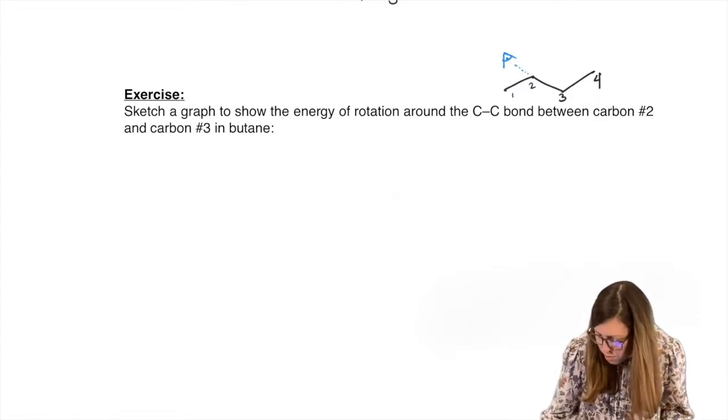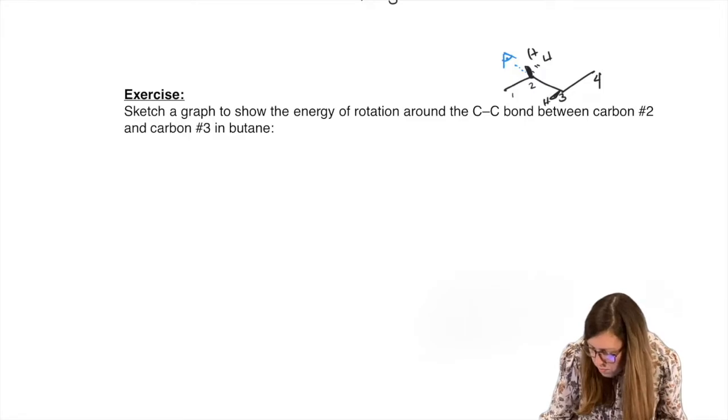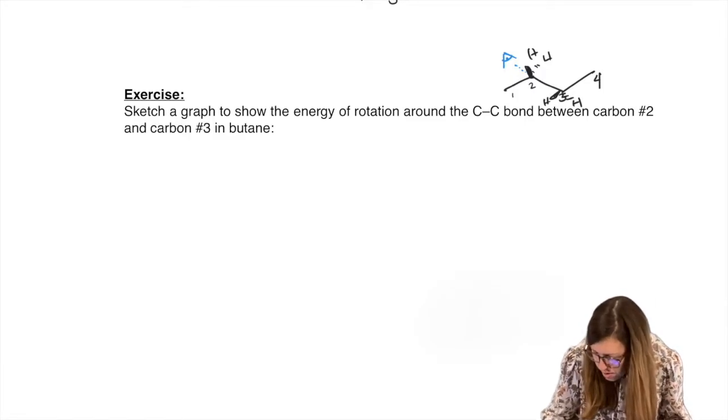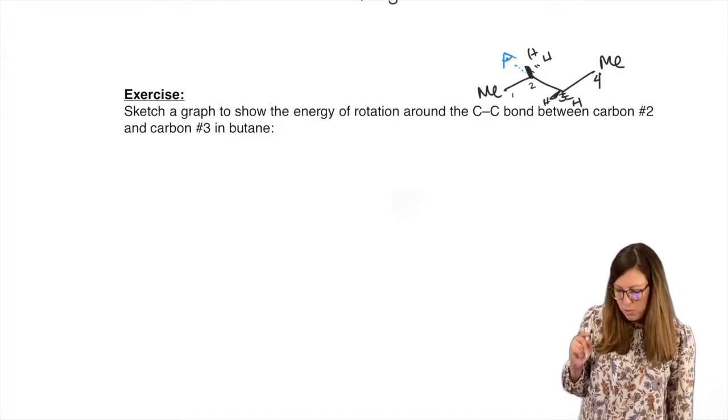Okay, so that means we're going to pay attention to the dashes and wedges with the H's. Fill those in. And notice these are methyls. I'm going to say Me to emphasize. Those are not just little lines. Those are big, bulky groups.